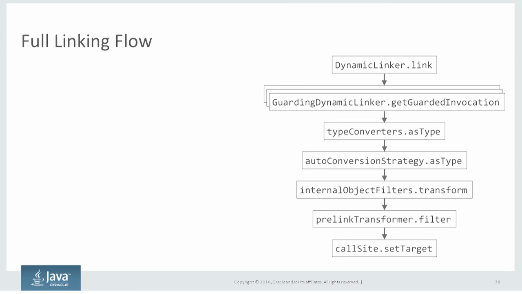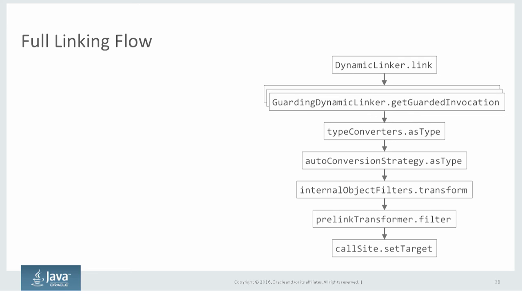This is the control flow of the linking process internally. The steps are applied in the given order, from top to bottom. What happens observably from a distance is you call dynamiclinker.link, and in the end, some callsite.setTarget is done to link the call site.